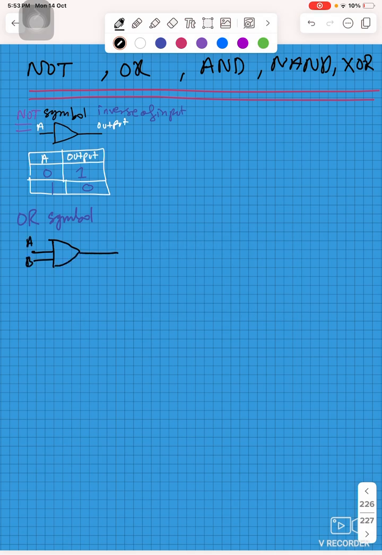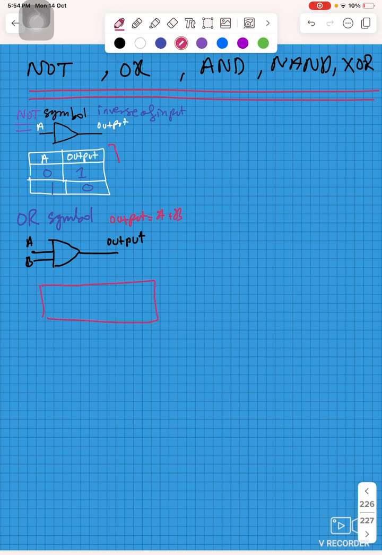A and B are inputs, and then the output. Only the NOT gate has one input. Other than that, all the gates have more than one input. The OR gate is addition type. Output is equal to A plus B.